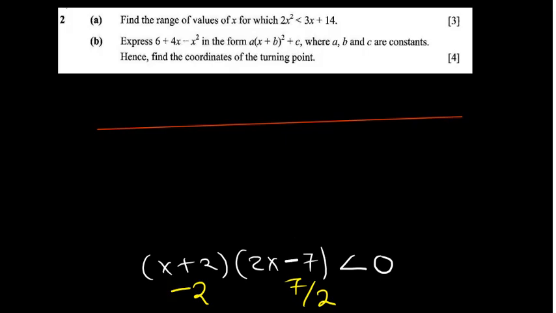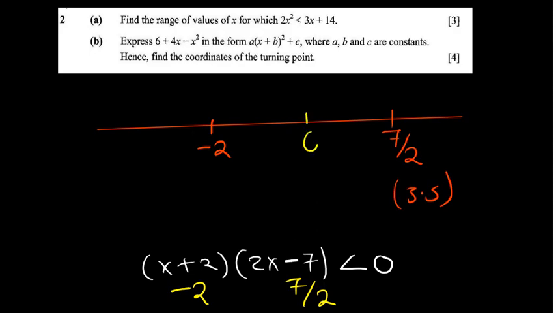So what do we have? We have negative 2 on the negative side, and then we have 7 over 2. If you don't understand 7 over 2, you can actually divide; you see that it's something like 3.5, so this is like 3 point something. Let's try the numbers in between.